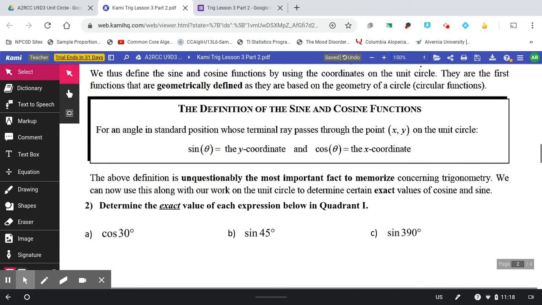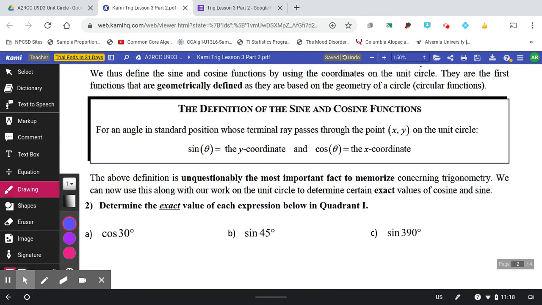Here's the definition we just went over. The definition of the sine and cosine functions: for an angle in standard position whose terminal ray passes through the point on the unit circle only, the y coordinate is always going to be the sine, and the x coordinate is always going to be the cosine.